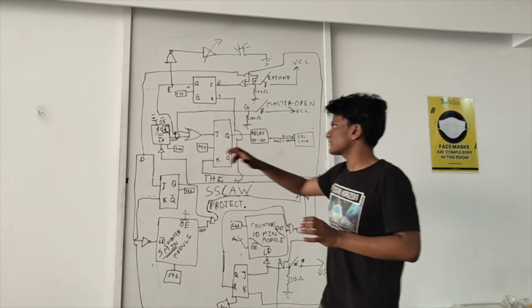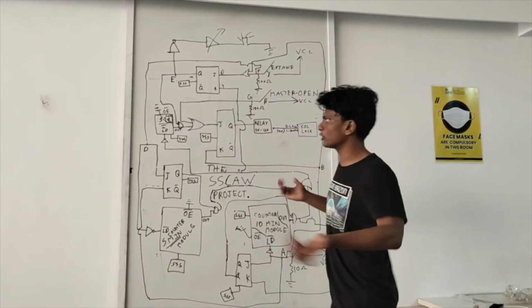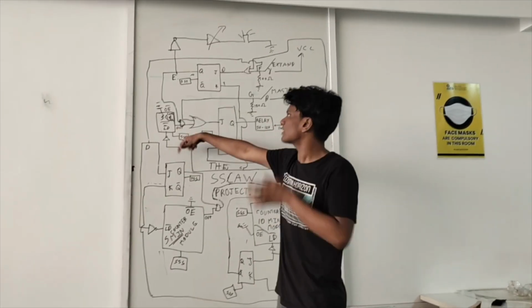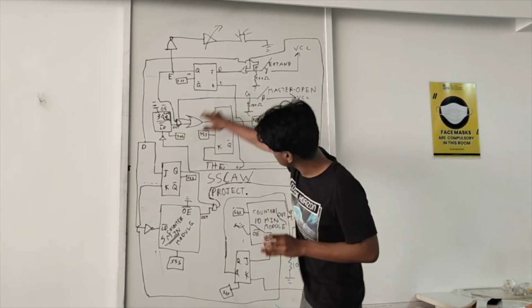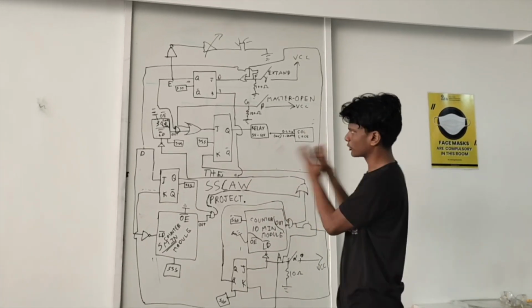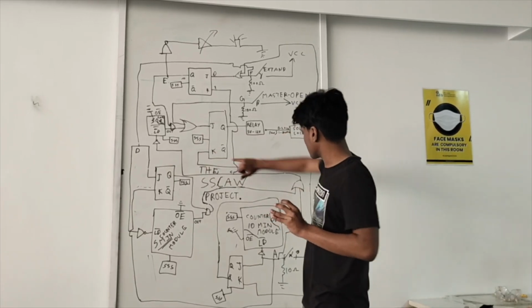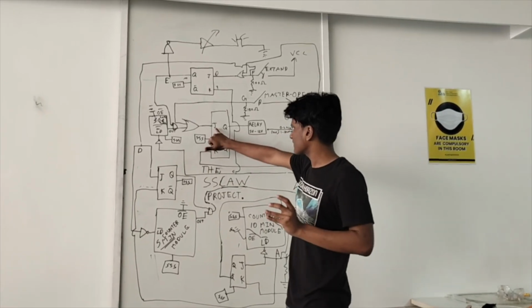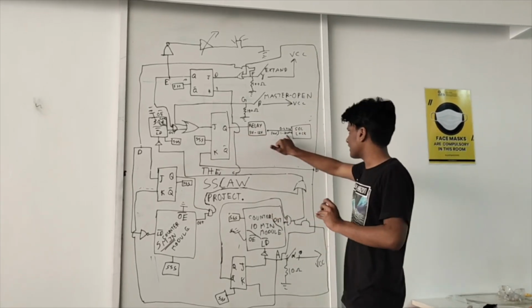So if the 30-second counter goes high, that means there is an emergency and we need to open the lock. When the 30-second counter goes high, it will come here, and this flip-flop is the final buffer before opening the lock. So K has been set to 0 here, and J goes high, Q goes high, Q will become 1, so then it will unlock.